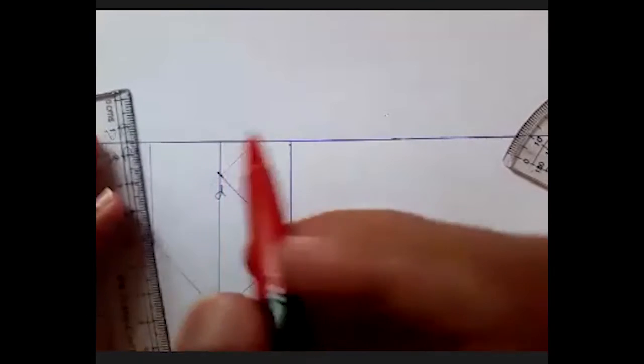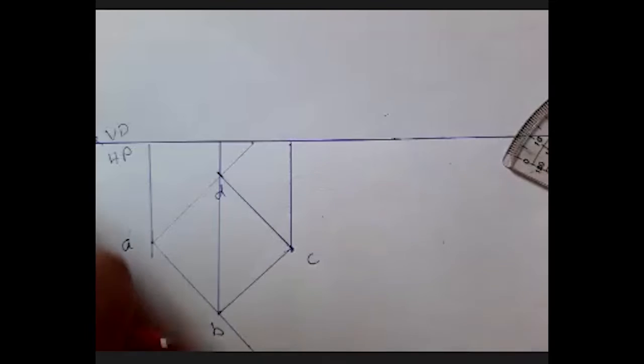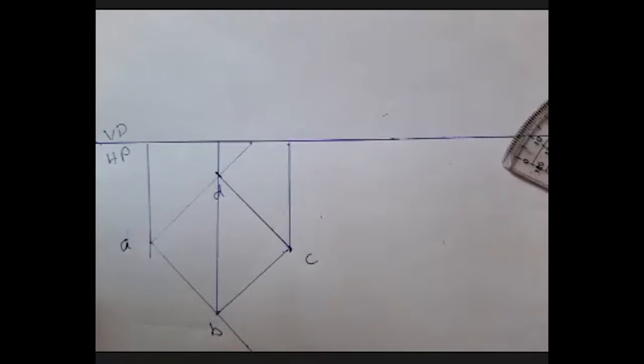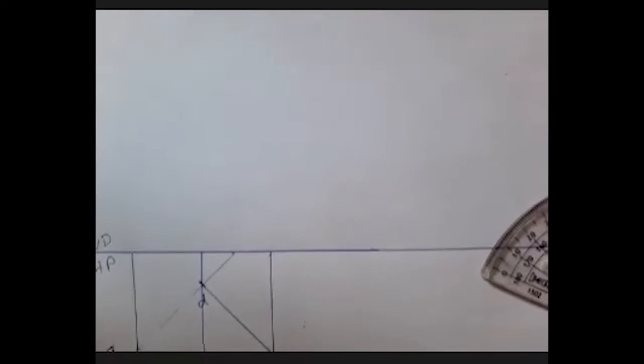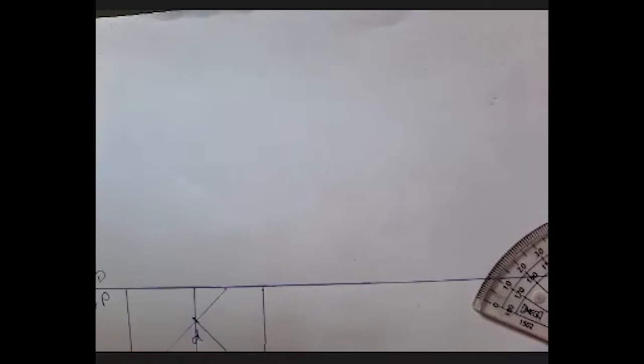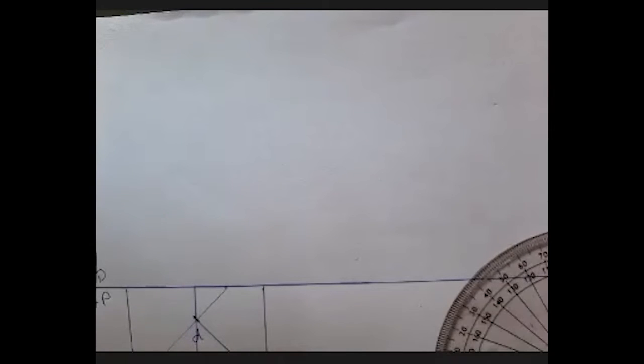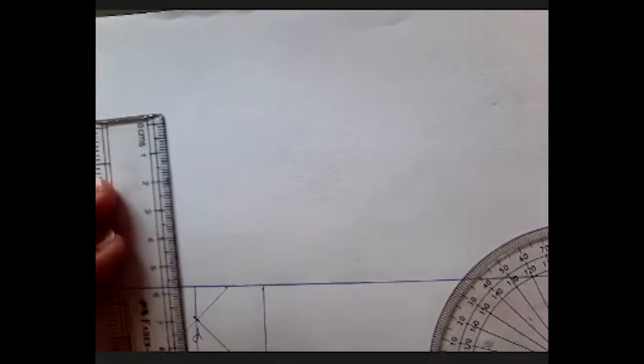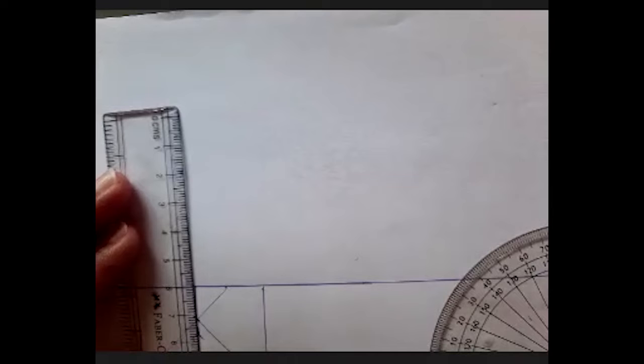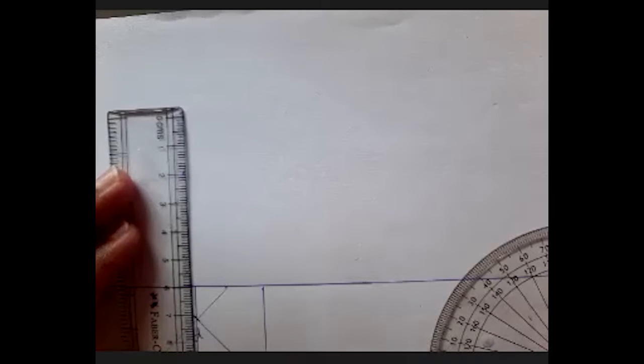Then I have a midpoint of this. From here, I know the axis length. Axis length is nothing but 60 mm. So I know the axis length from here, it is 60 mm. So I'm going to draw an axis line here, which is a chain line.